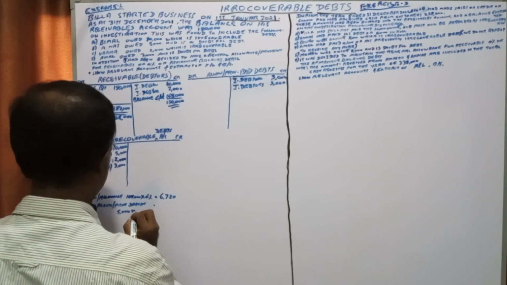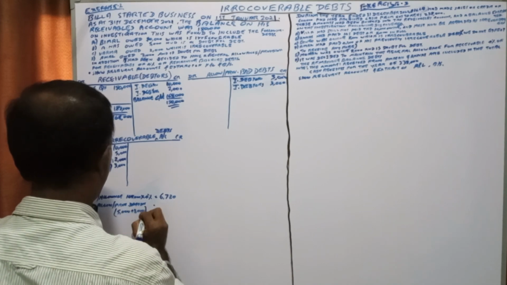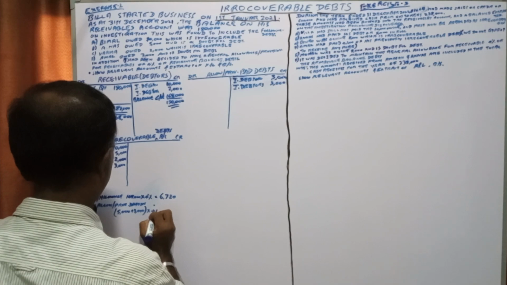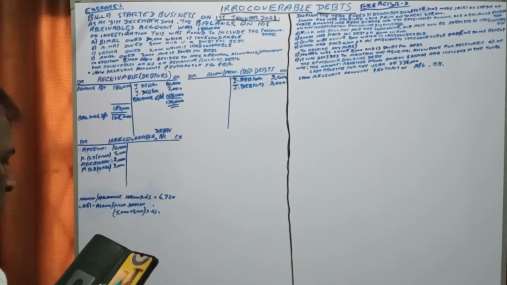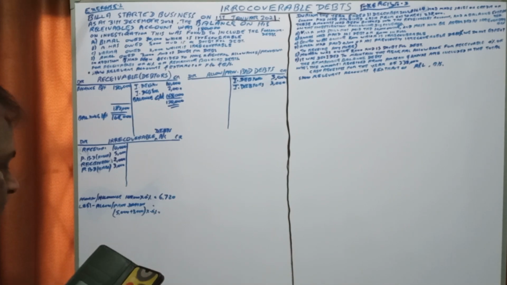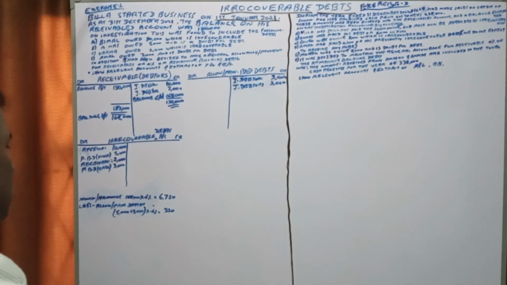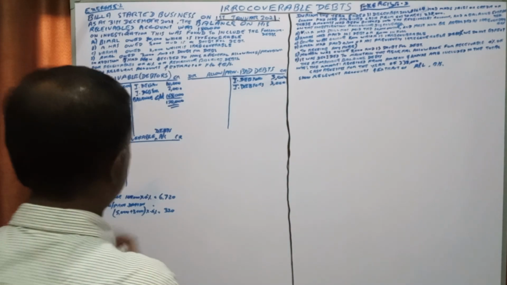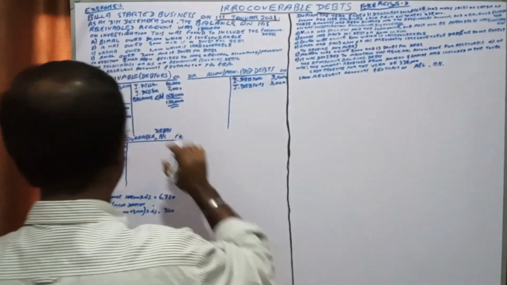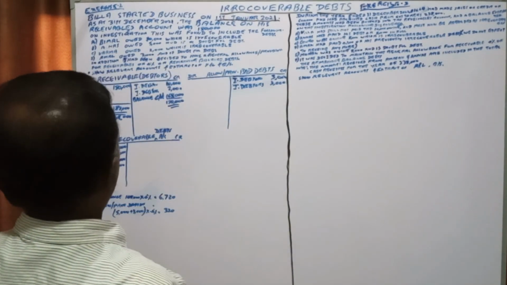8,000 into 0.04 is 320. You have to deduct the 320, because for these two we have already calculated the general provision.